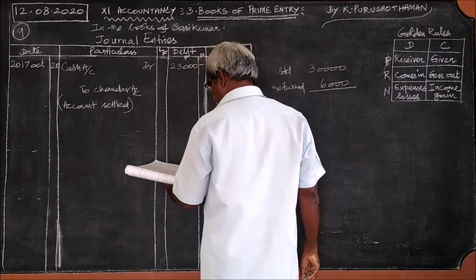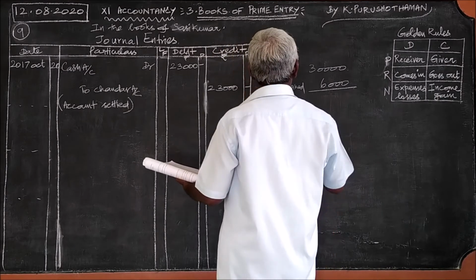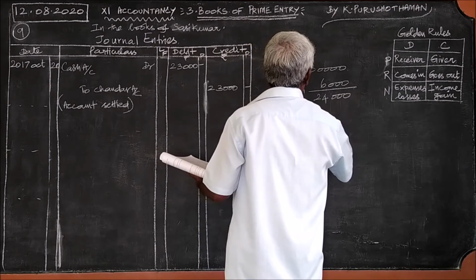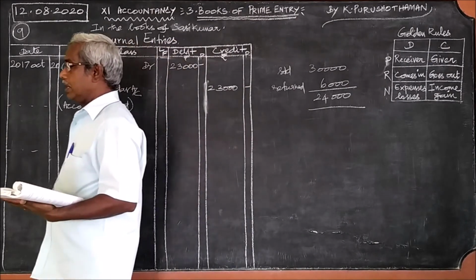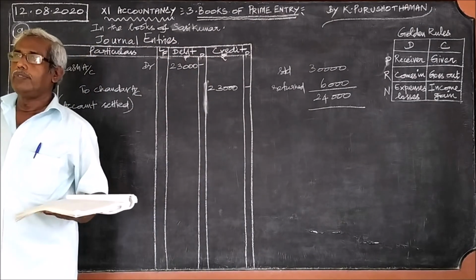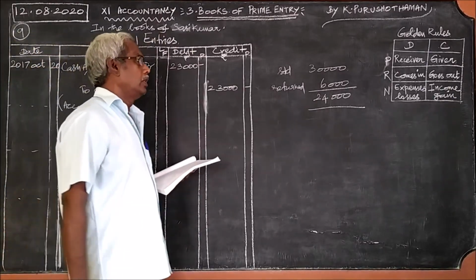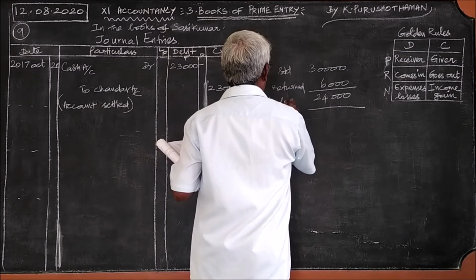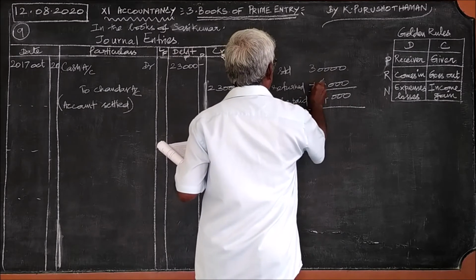So, what amount should be given by Chandar? 24,000 should be given by Chandar. Goods sold 30,000, out of which he returned 6,000 valued goods. So, how much should he pay? 24,000, that is minus 6,000.